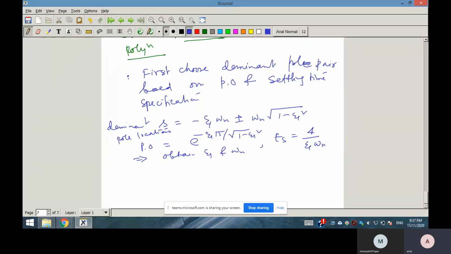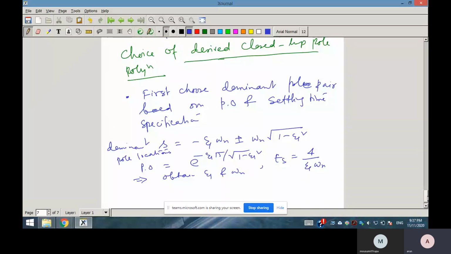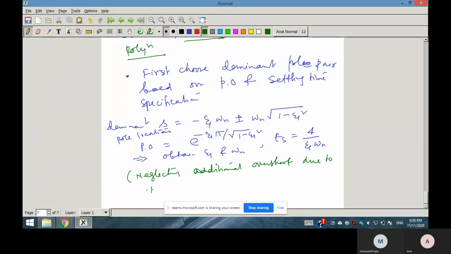But the problem is with the dominant pole based approach. It is fine, but when I am choosing this dominant pole, I am neglecting the additional overshoot due to the roots of h's.